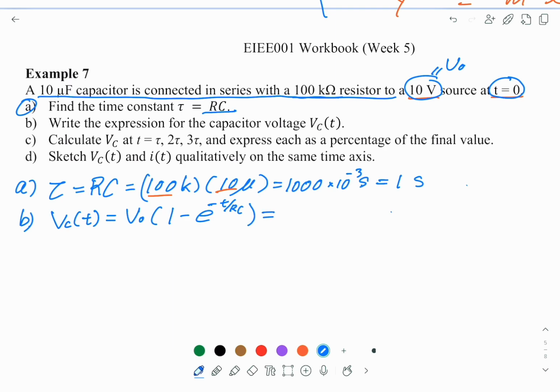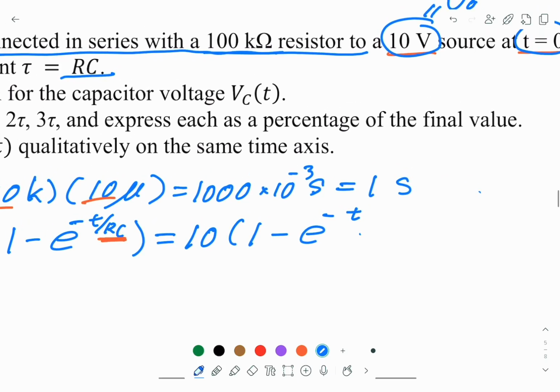So now we can put V0 is 10, 1 minus e to the minus t. We can use the time constant RC, put it here. So this becomes 1. And remember, t is measured in seconds.